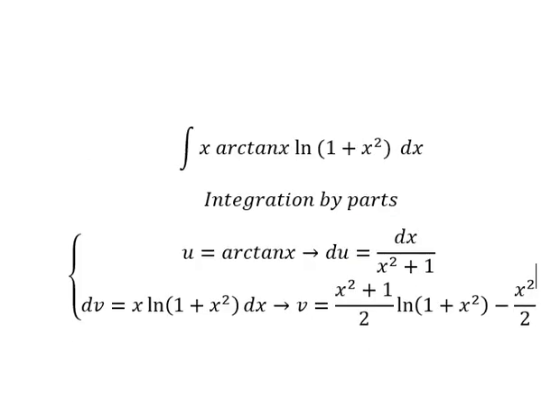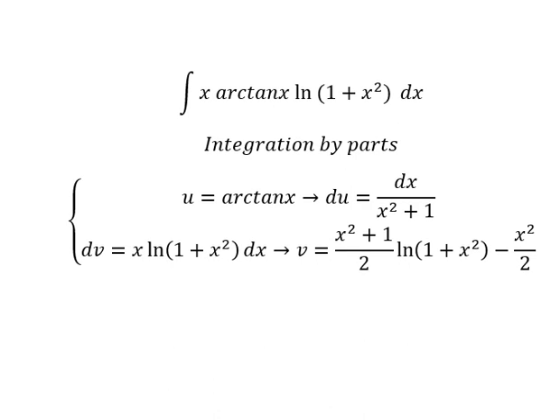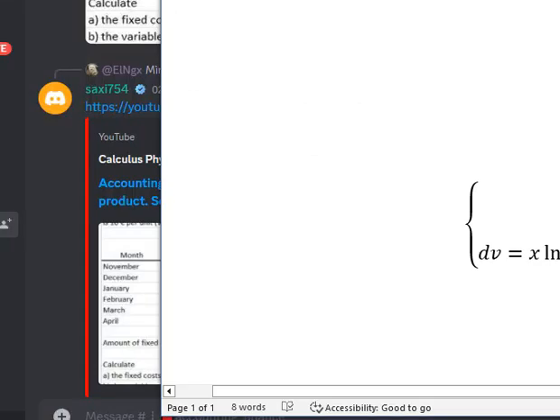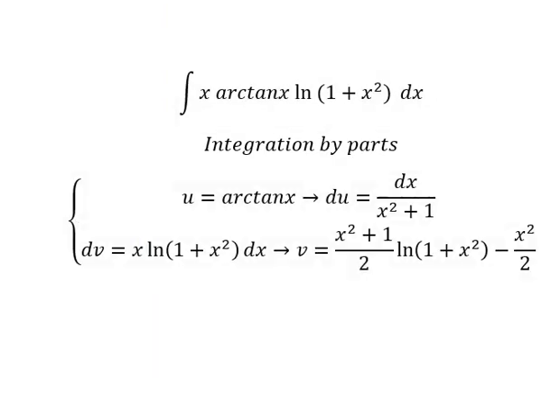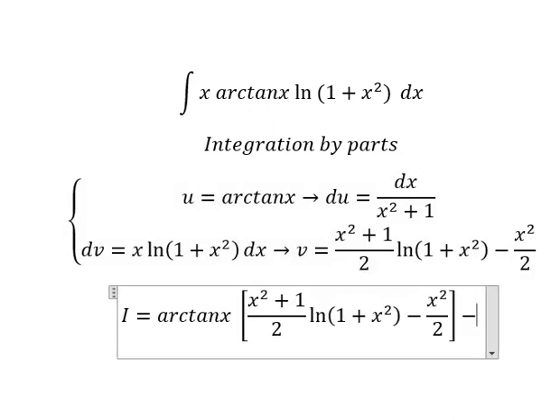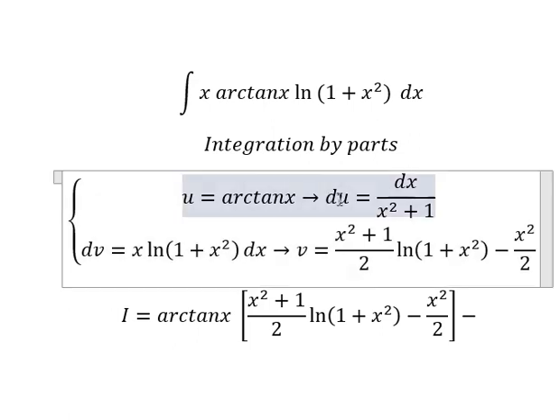So I will put I in here. So I is this one. So we have u multiplied by v minus the integral of v multiplied by du.